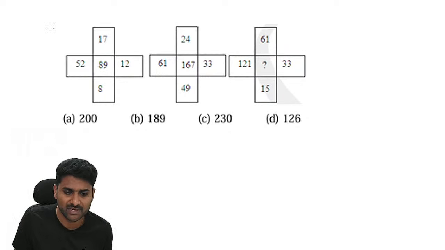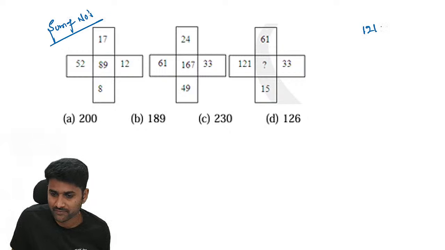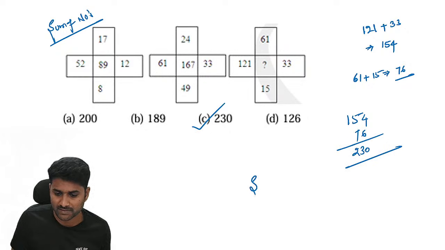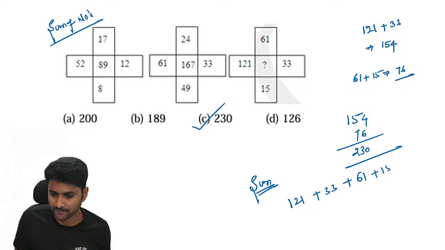So it's a simple one: the sum of all the numbers. Same way, 121 plus 33 is equal to 154. Same way, 61 plus 15 is equal to 76. So 154 plus 76 is equal to 230. Sum of 121, 33, 61, 15.